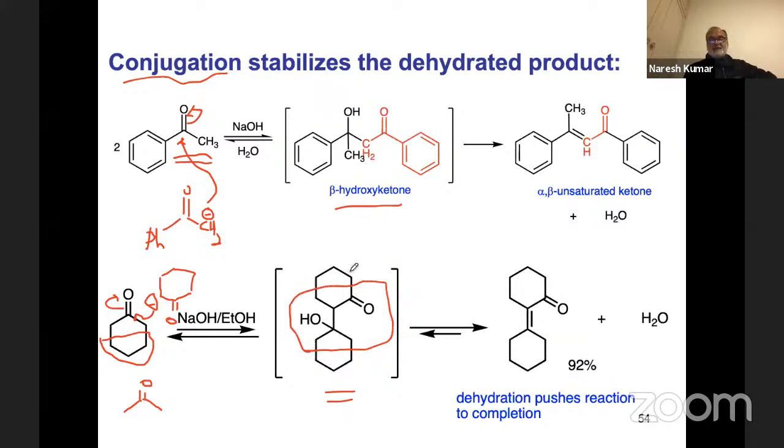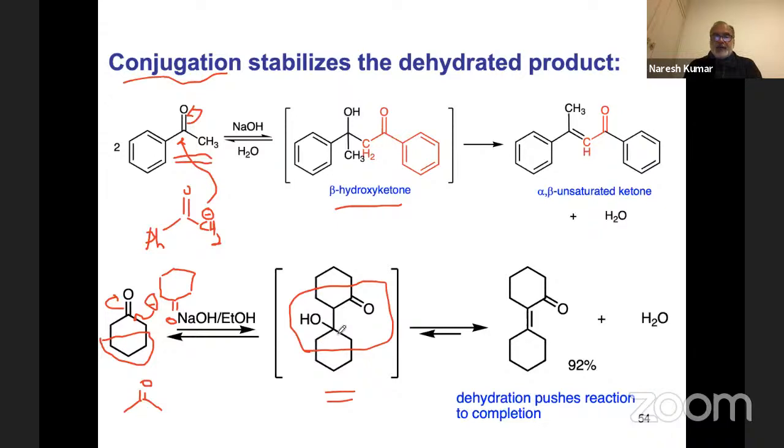The rest is just the cyclohexanone part, and the dehydration here is going to lead to the formation of this alpha beta unsaturated carbonyl compound. One thing you might ask is, when we are dehydrating this alcohol, why does it dehydrate to put a double bond over here?